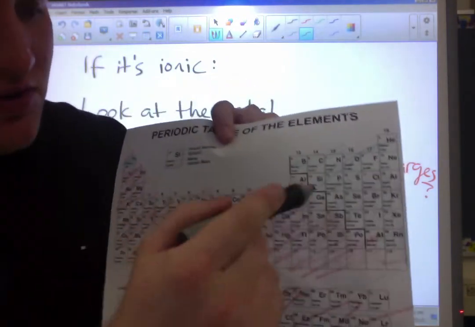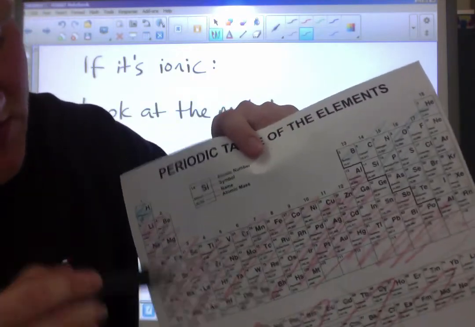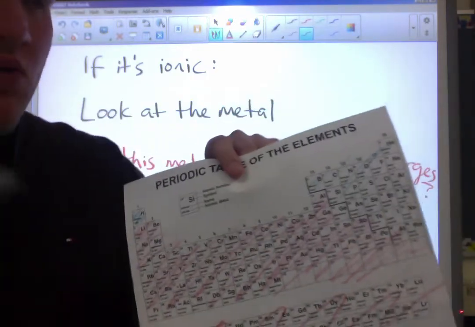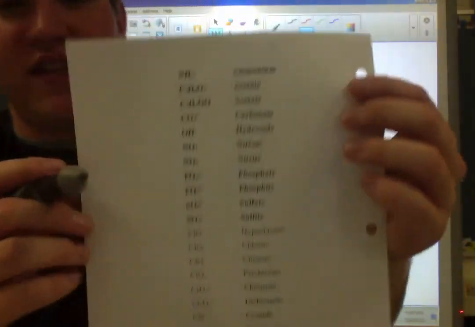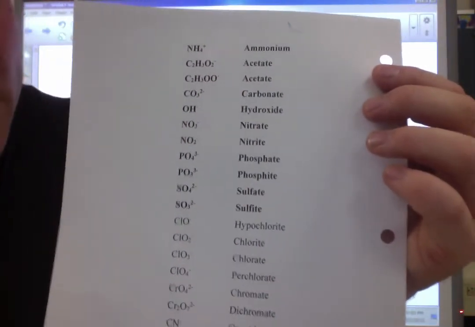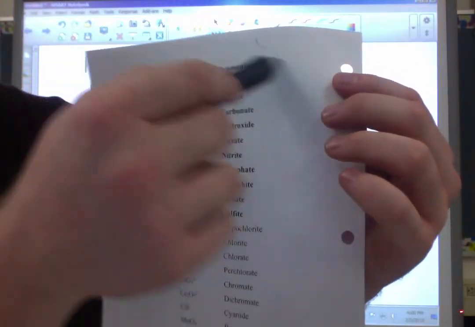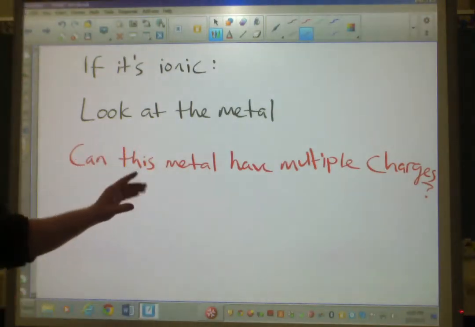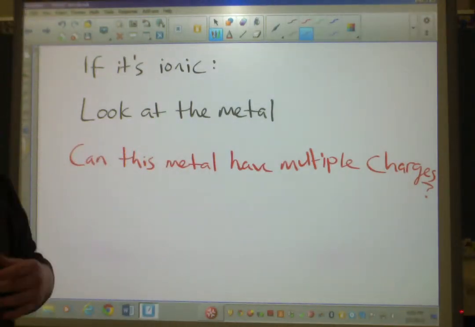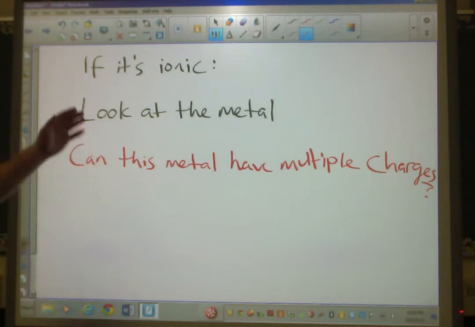So if you have any of those 3, or these, or that, or one other exception is ammonium. So if you look here, you can see ammonium is the only polyatomic ion that's actually positive. So if you have these, then the answer to this question would be no. Any other metal, the answer to this question is yes.